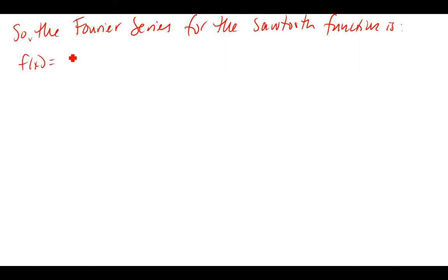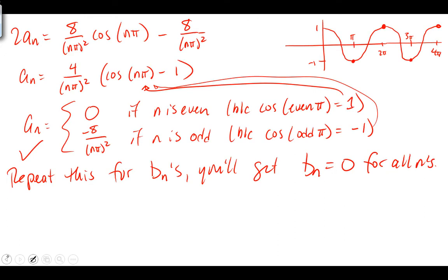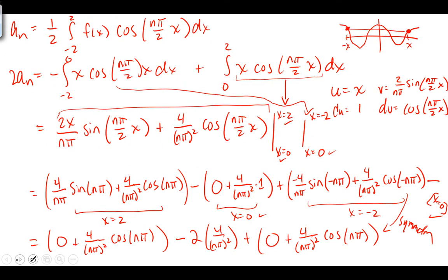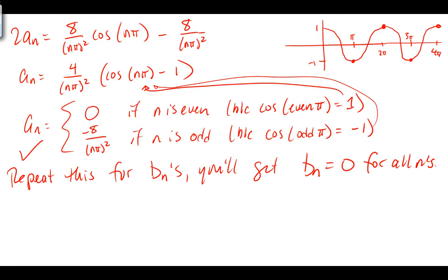A0 turned out to be 1. Okay, and then the cosine terms with the ANs. The ANs turned out to be, you get something in the odd cases, but you get nothing in the even cases. So I'm just going to write out a few of the odd terms here.